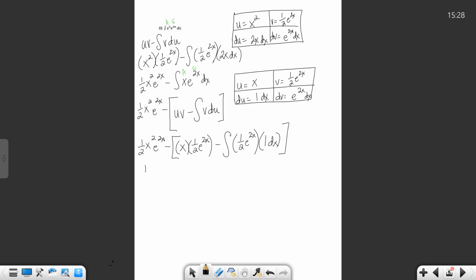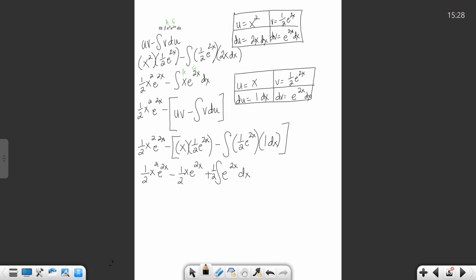Again, I'm just copying this one down each time. So this gives me a negative 1/2 x e to the 2x right there. And then if I distribute that negative, then this is a positive integral, let's pull the 1/2 on the outside, e to the 2x dx.